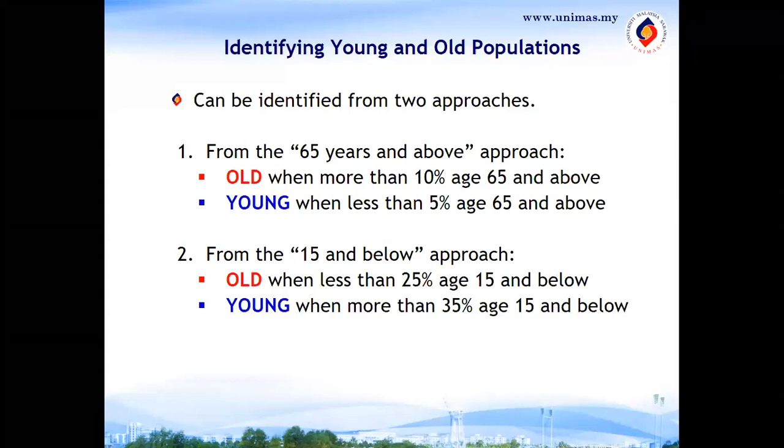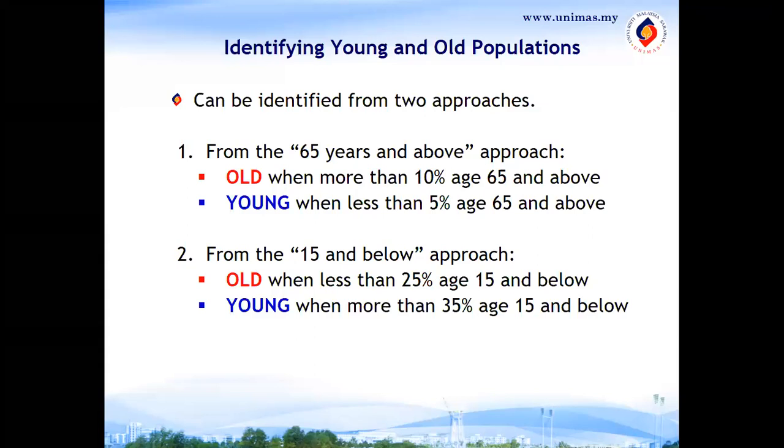Jadi kita di Malaysia, we are approaching an old population. We are not quite there yet, but we are closer to that. The trend is that every country is moving towards an old population because people are living longer. That's one reason why. So fertility turun, that's faktor pertama. Mortality juga turun. In other words, the rate of death turun, so people are living longer.